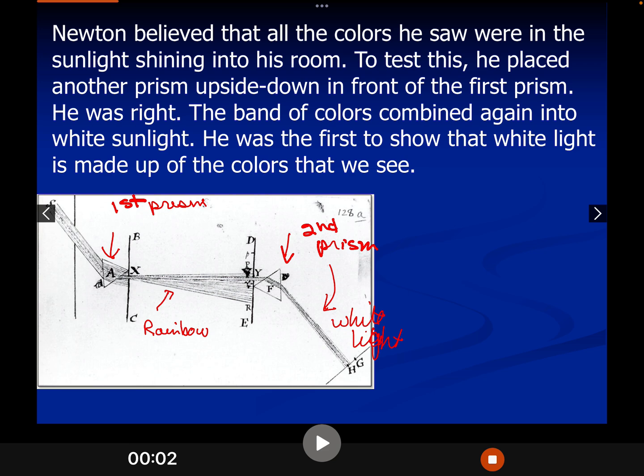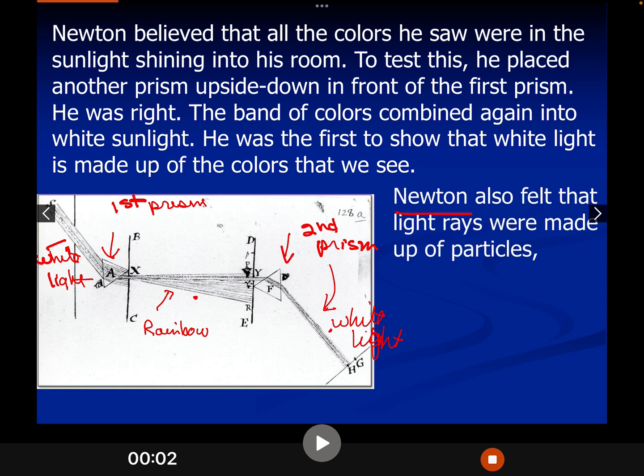So he just inverted the direction of the prism, and he separated the white light. There's white light being fed in from the sun, separated into a rainbow, and then put back into white light.